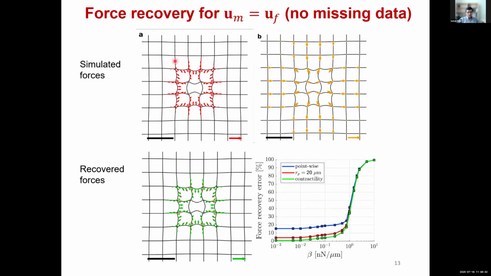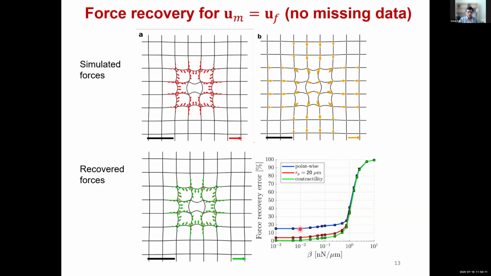So if you simulate a slightly more complex contractile force pattern like this, which creates these deformations, then visually we see that we are able to recover the green arrows, which are very close to the red arrows, which is our target. But when we calculate the pointwise error, this is the blue curve, we see that with decreasing regularization, we are able to capture the forces, but not exactly.